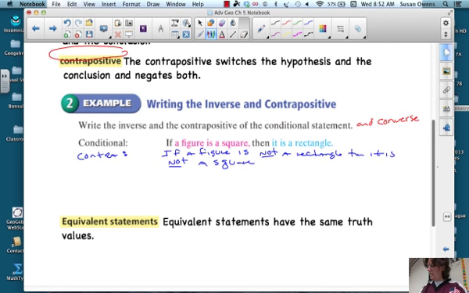The inverse is when I negate them and I don't switch them. So if a figure is not a square, then it is not a rectangle.